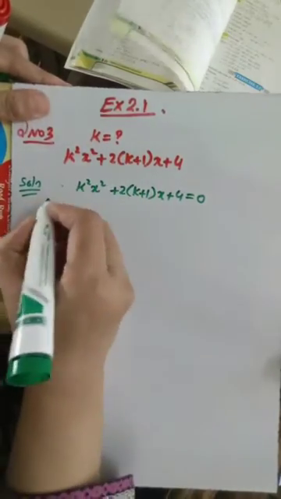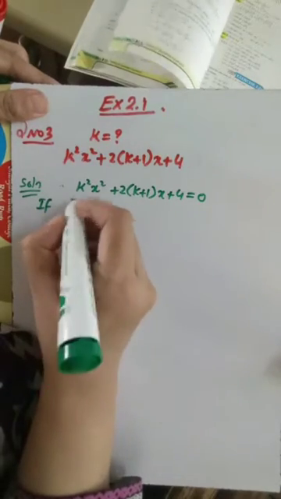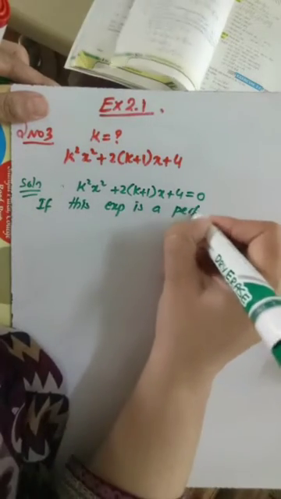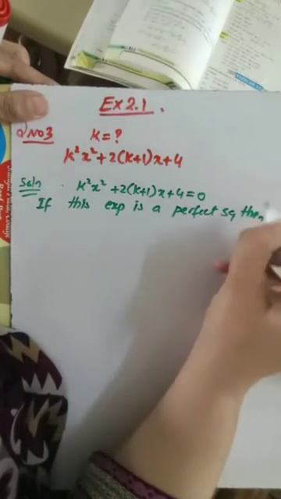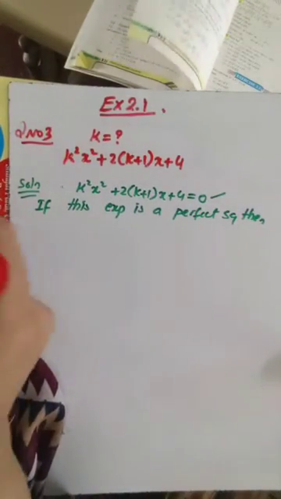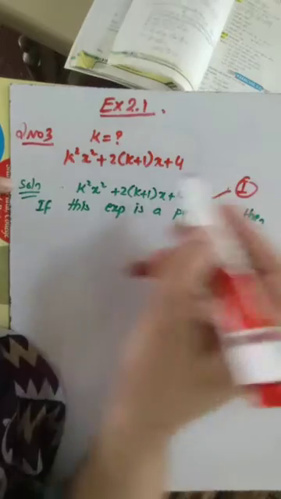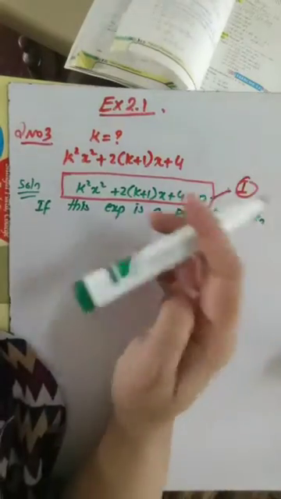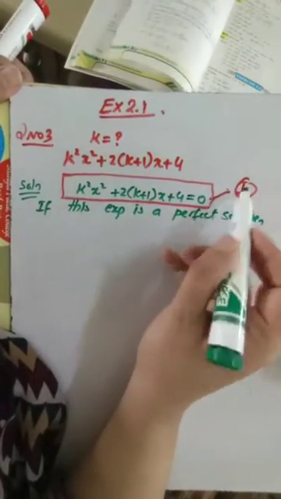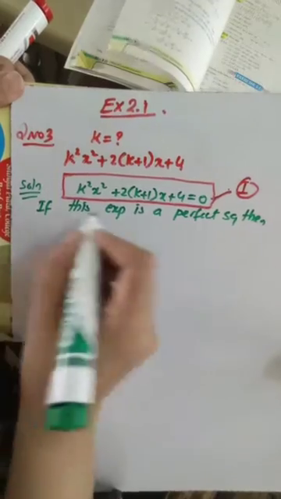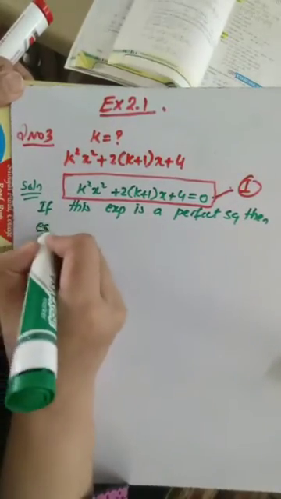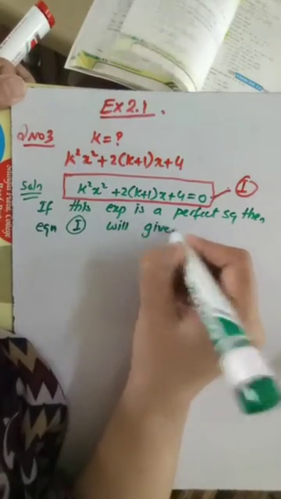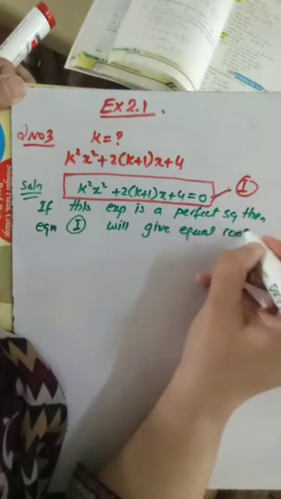Now if this expression is a perfect square, then equation 1, which is the equation I have made with the help of this expression, is a quadratic equation and will have equal roots.